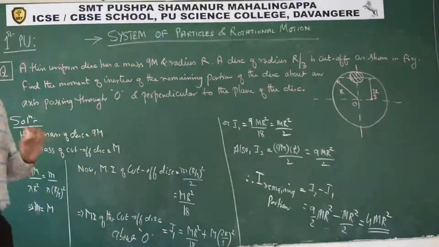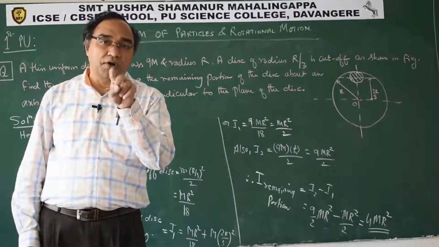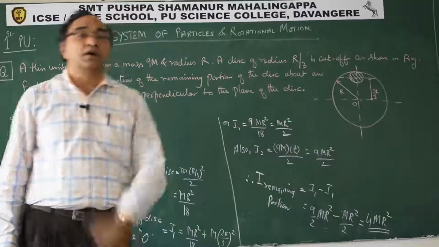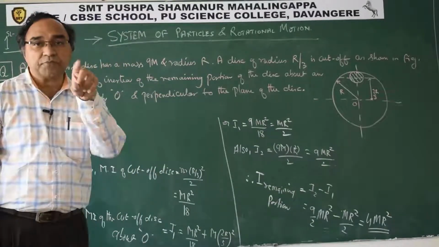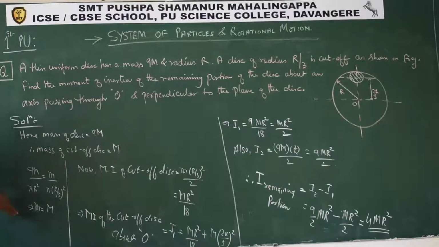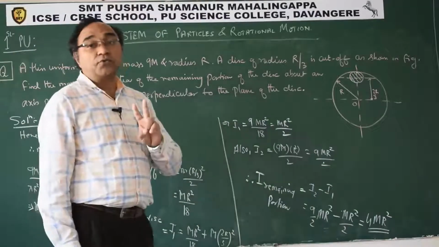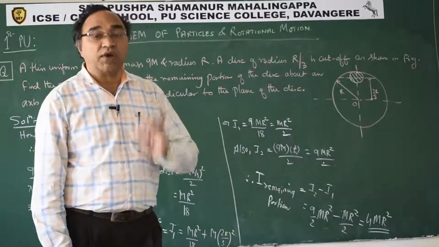So the concept that is involved here is what? First of all, find the mass of the disk which is removed. How will you find that? Mass per unit area is a constant. Use that concept. We can find the mass. Then the second concept is usage of the parallel axis theorem. Why?